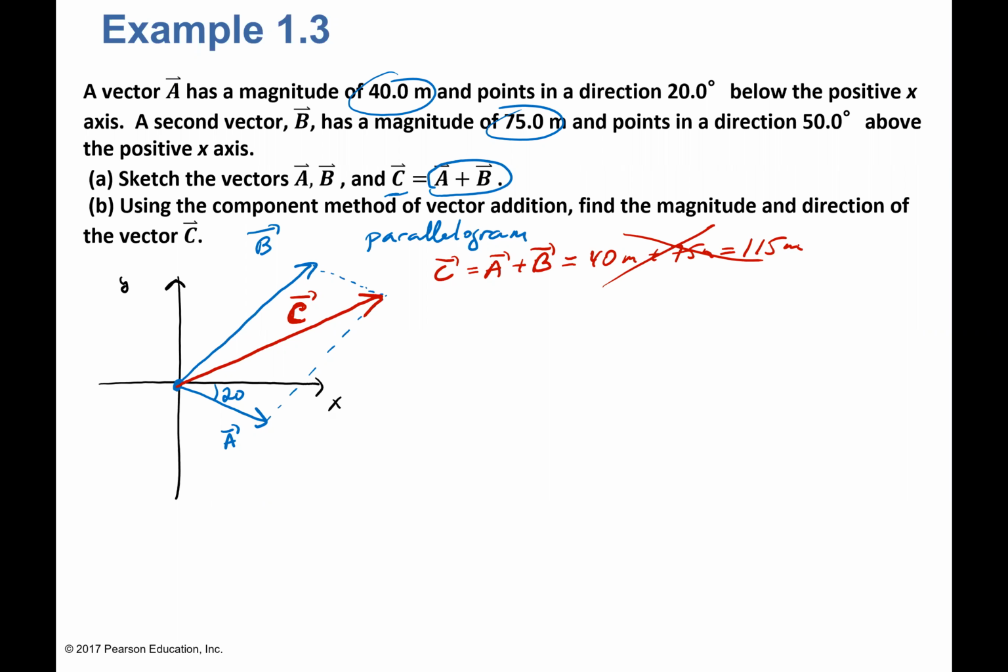Don't ever try to do that, because even though we're given the magnitudes of vectors A and B, those are two-dimensional vectors, and vectors are not just algebraically added like this. Remember, only when you are working with vectors that both have basically the same components, that means if two vectors are parallel, both horizontal or both vertical, then we can add them together, but not when they are two-dimensional like this.